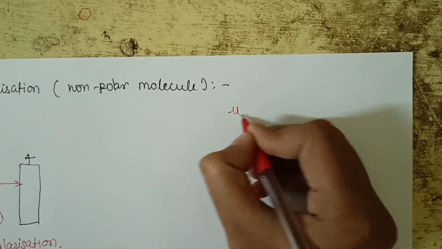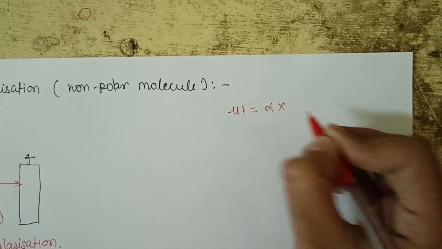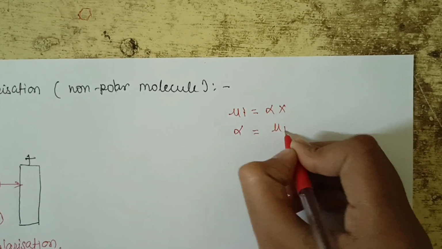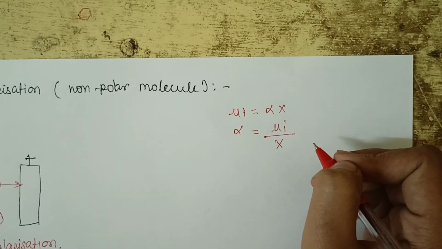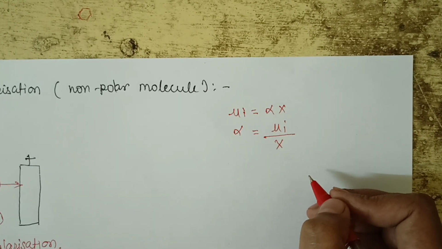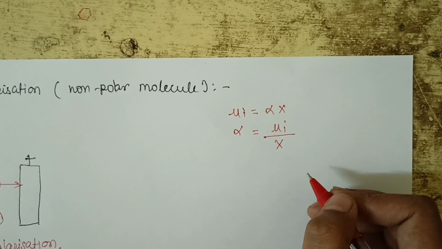So mu I is equal to alpha x, where alpha is known as the deformability or polarizability of the molecule, defined as alpha equal to mu I upon x. Here mu I is the induced dipole moment, and x is the strength of the electrical field.